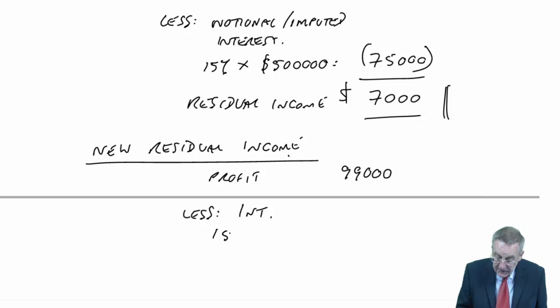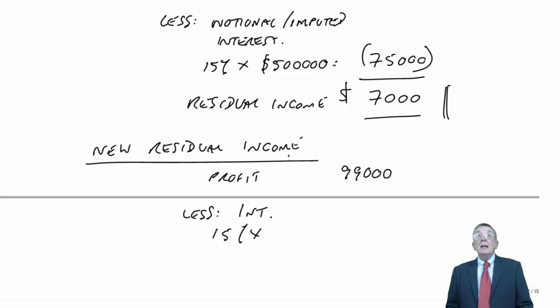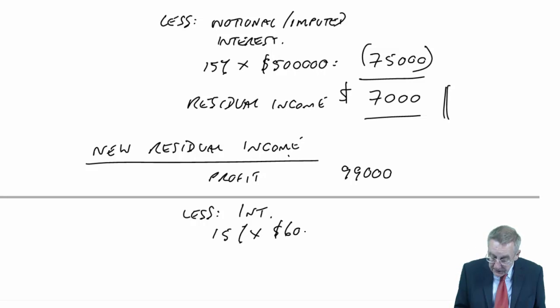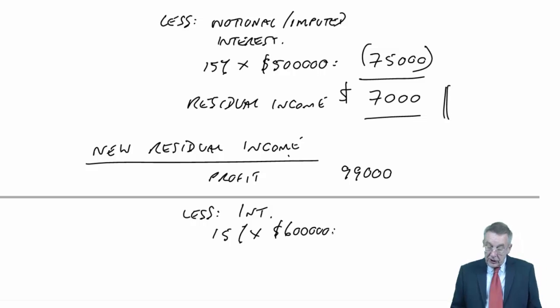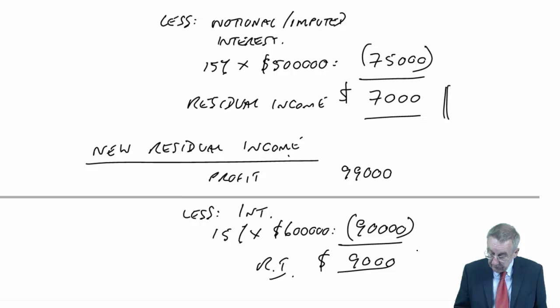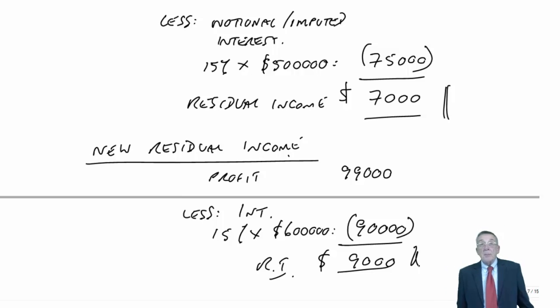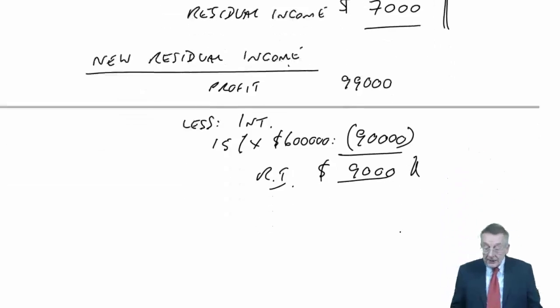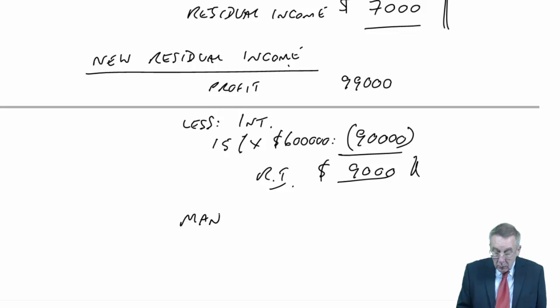It'll be 15% of the new capital invested, there's an extra 100, 600,000, which is 90,000. There's the performance measure, 9,000. It's gone up. Therefore, he's done well. Because it's gone up, the manager will accept, will invest.